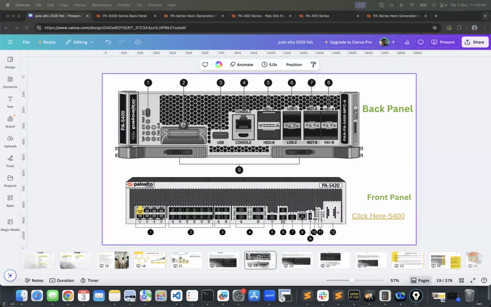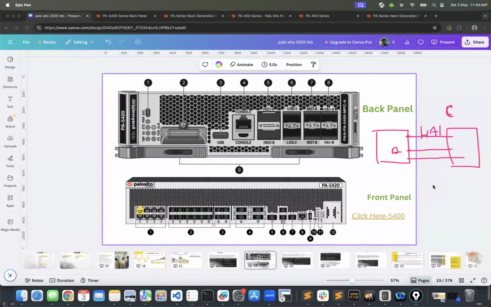We're going to talk about this HSCI in our active-passive lab, but just to give a brief. For example, HA1 is for the control plane. HA2 is for the data plane.